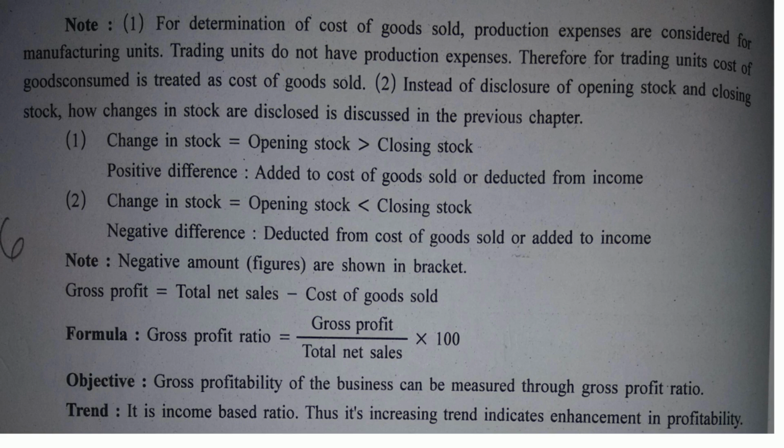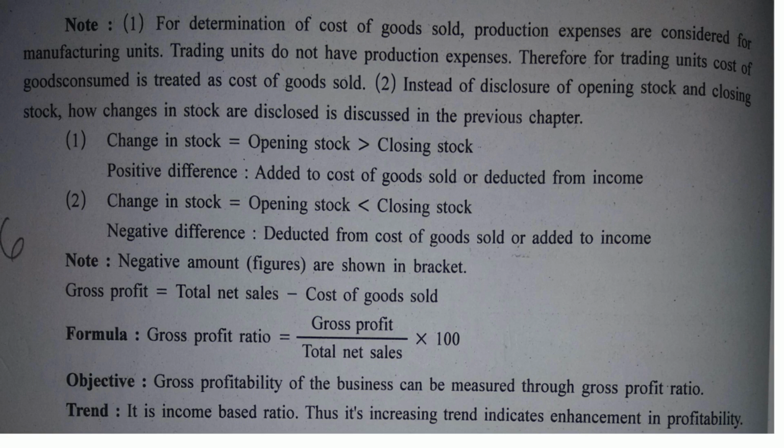Yes, and gross profit ratio equals gross profit upon total net sales into 100. Now, previous to this there are also various notes and changes in stock, etc., that we'll consider whenever required.